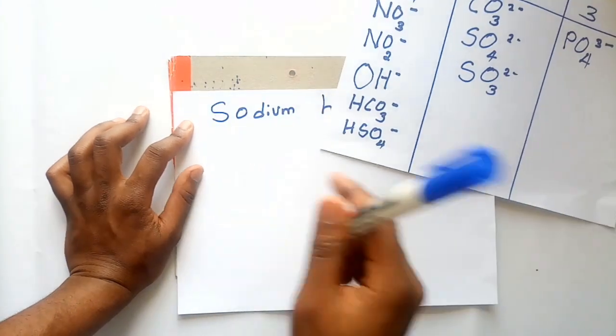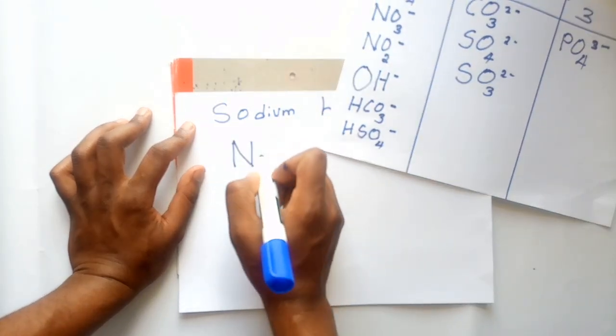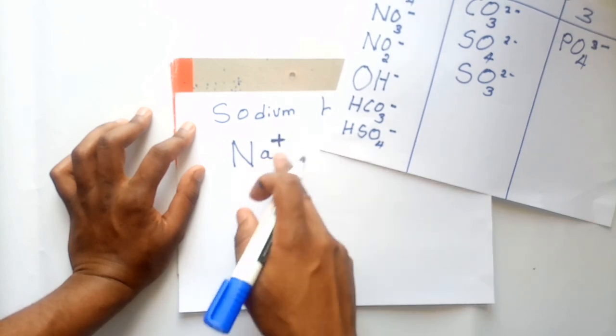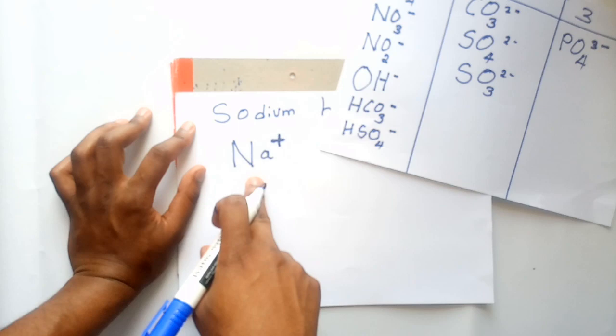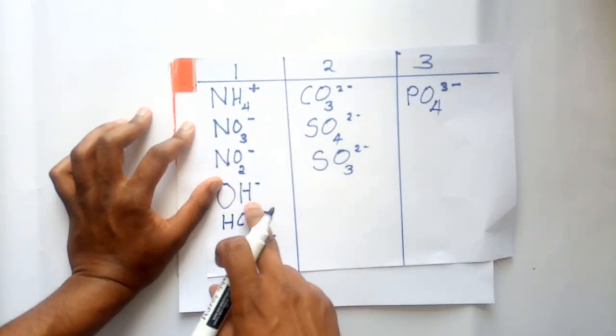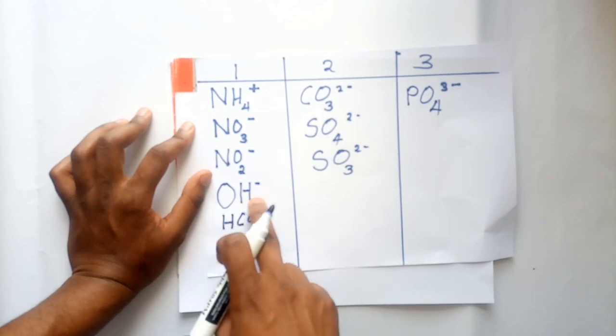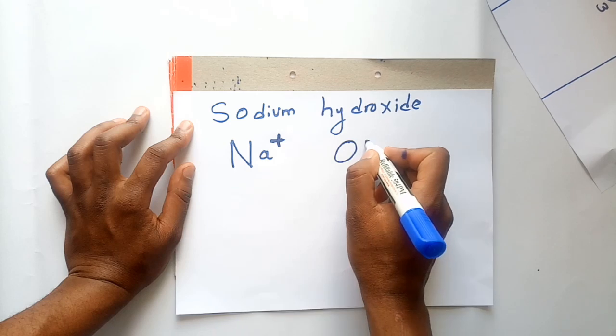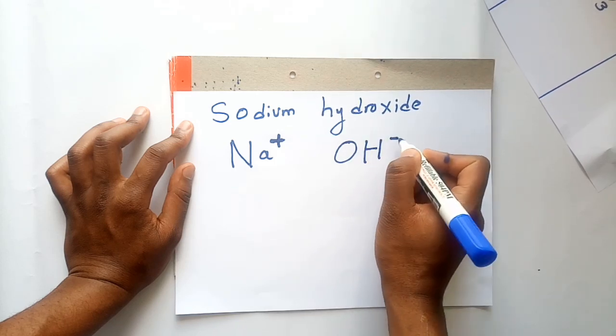One of them is, of course, sodium ion. Again, as said, there is a video that shows how these ions are formed, so make sure that you look at that video. Sodium ion combining with a hydroxide. So hydroxide is OH negative.